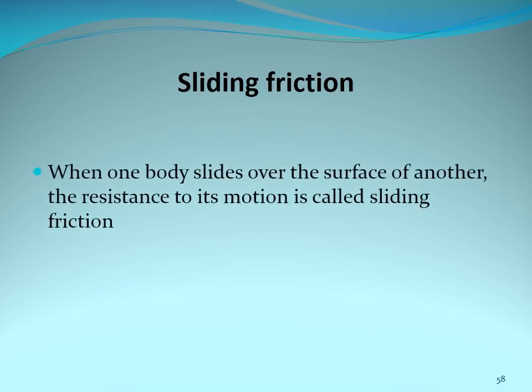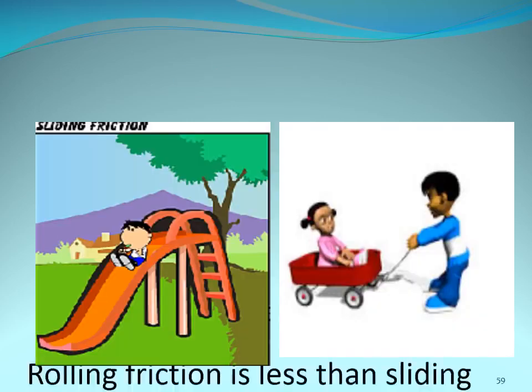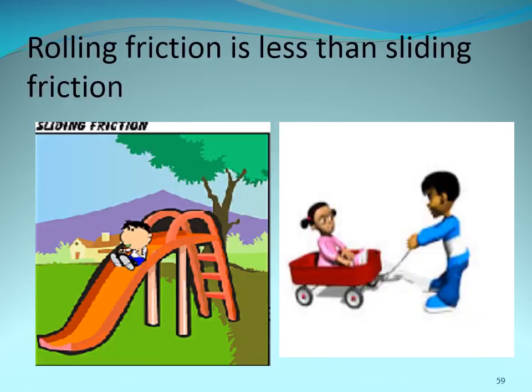When one body slides over the surface of another, the resistance to its motion is called sliding friction. We can see that rolling friction is less than sliding friction. That is why we use wheels to reduce friction.